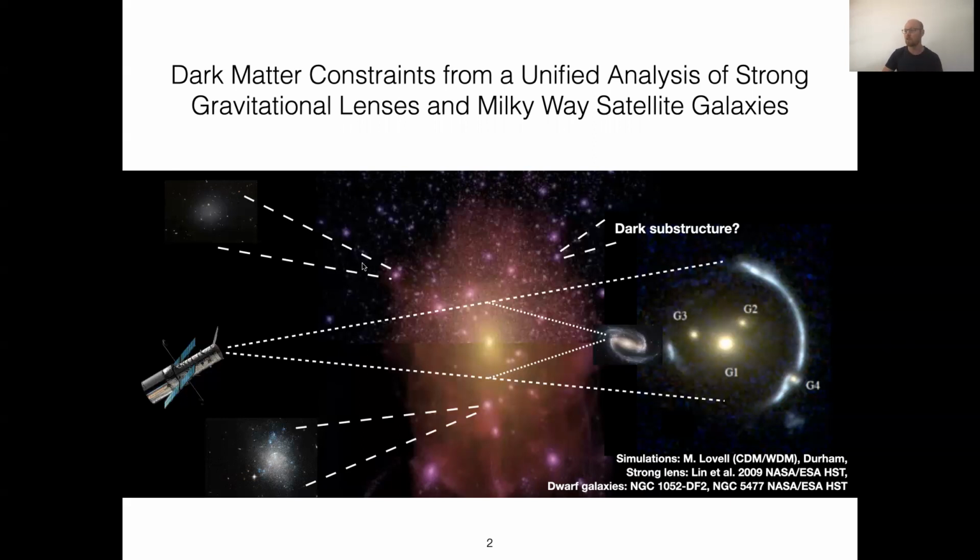And we would like to know the relation: is there this dark substructure, or can we live in a universe where we don't see the bright parts, but where there is no additional dark structure underneath?